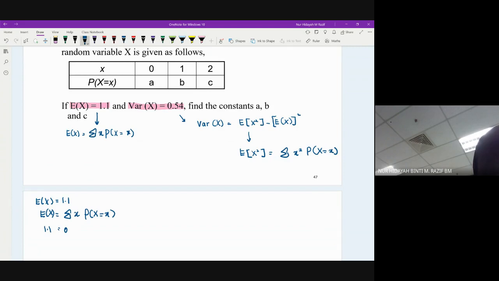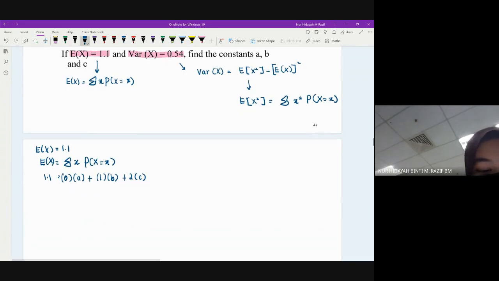Kosong didarabkan dengan probability-nya adalah A ditambahkan dengan 1 didarabkan dengan probability dia adalah B ditambahkan dengan 2 darab probability-nya adalah C. So just solve this. This one will disappear. So you have 1.1 is equal to B plus 2C. That will be my first equation.